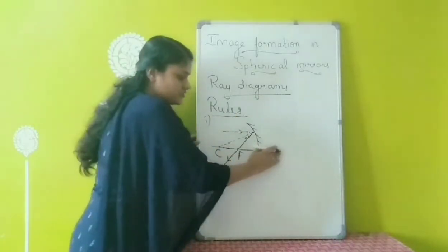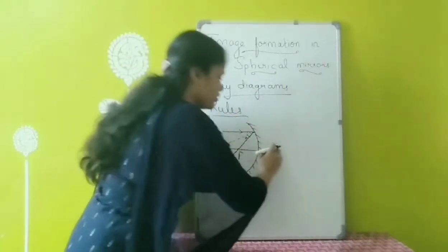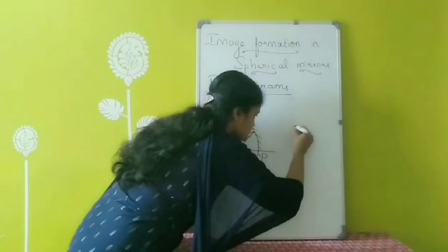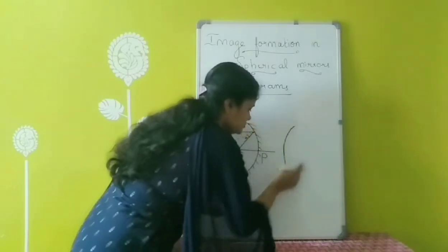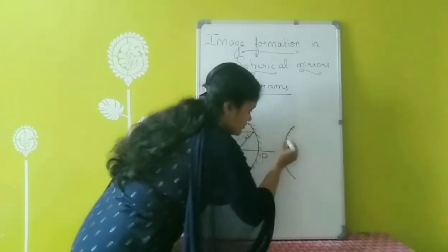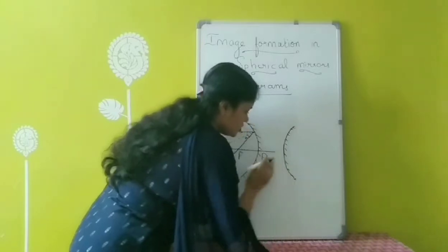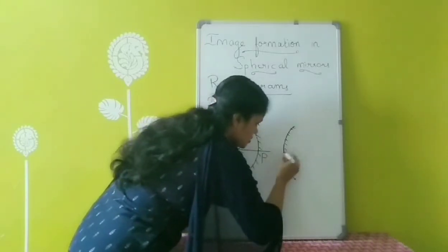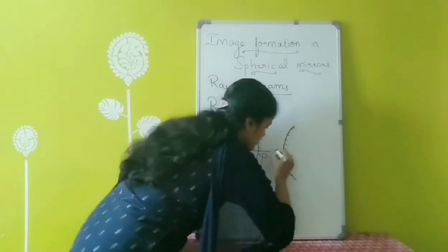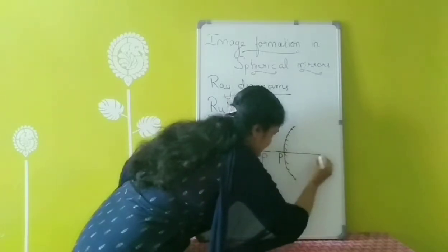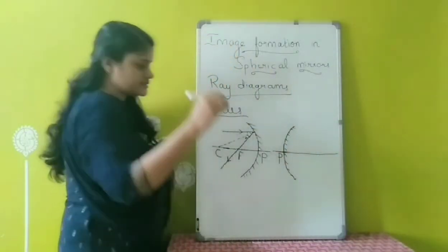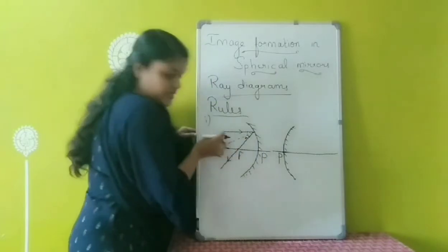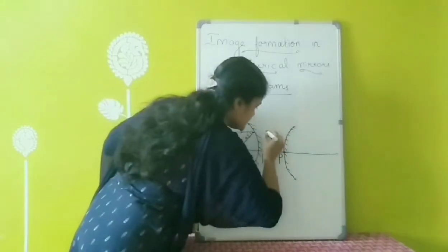Similarly, the first rule in the case of a convex mirror. Convex mirror, pole, and I am drawing a principal axis here, and consider one light ray passing parallel to the principal axis.